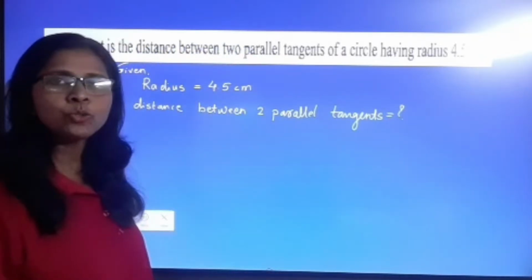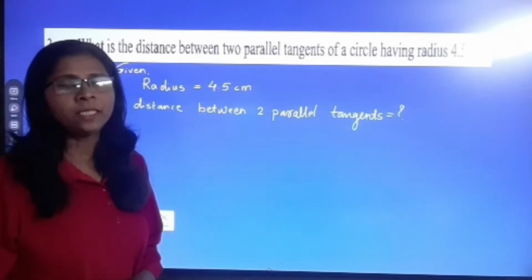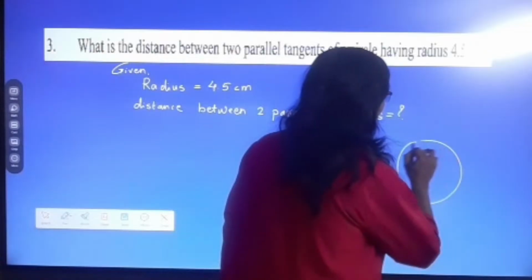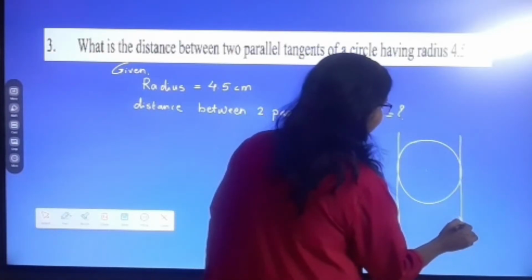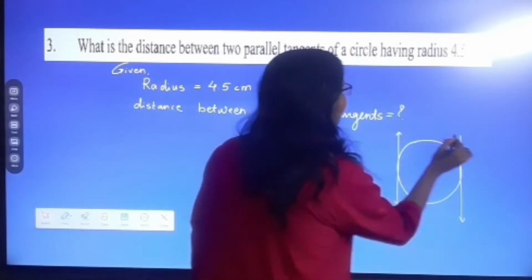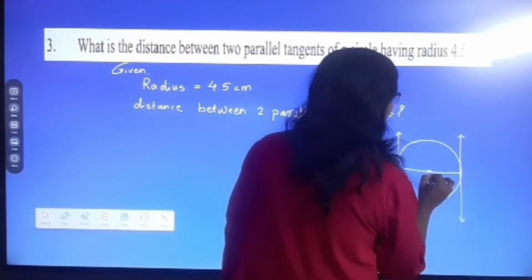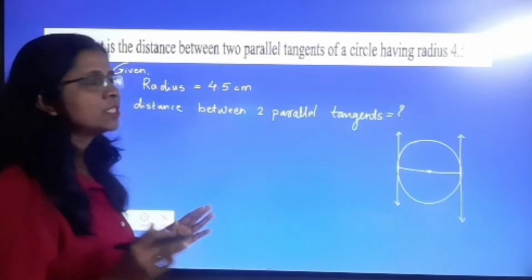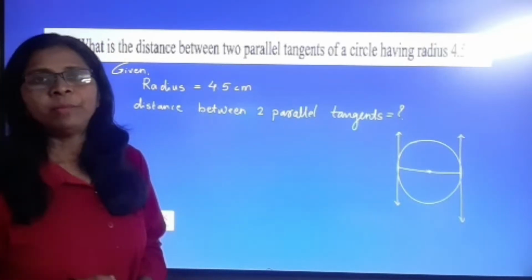So now here students, if you draw the figure of a circle, and the two tangents are parallel to each other, that means we can say that the distance between parallel tangents is nothing but the diameter.